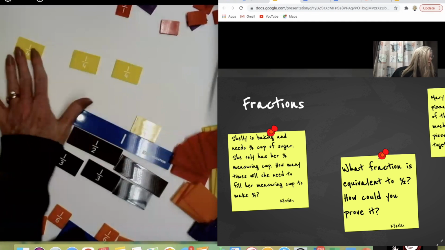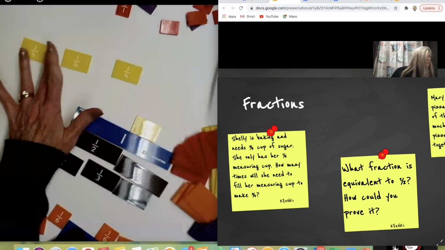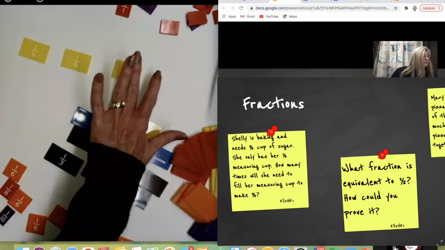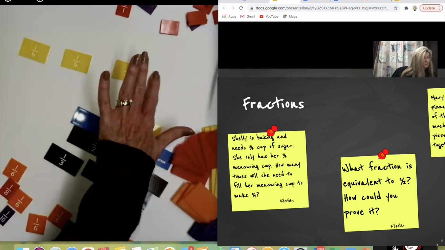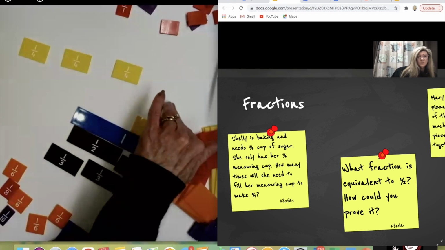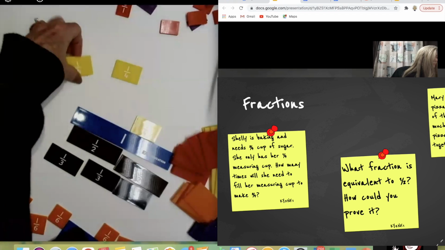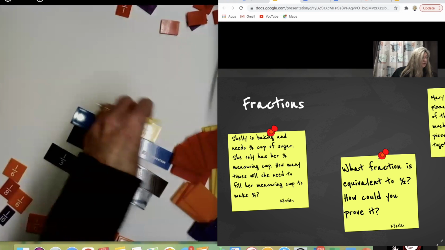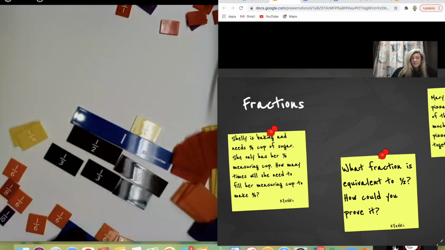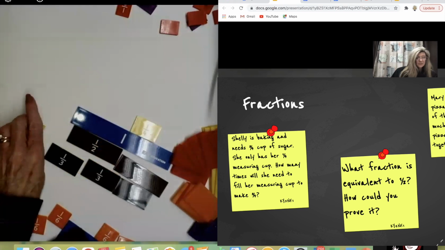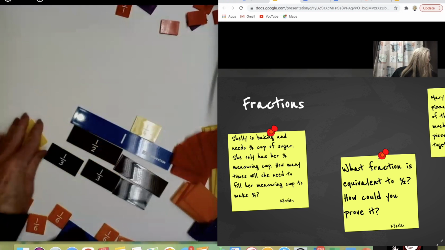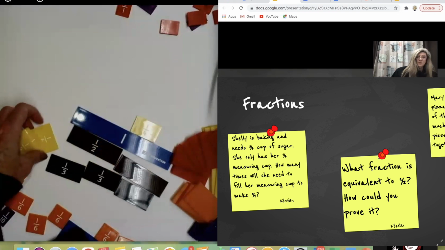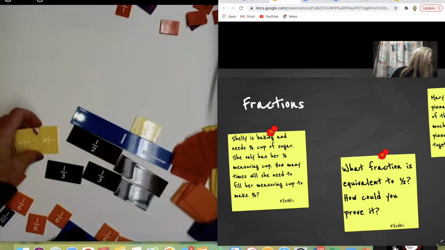If they need to, you can put your plus signs in between. 1/4 plus 1/4 plus 1/4 equals 3/4. Okay. So you could actually show that in the abstract form as well. You can have them draw it if you need to. What 1/4 plus 1/4 plus 1/4 might look like, and label them.